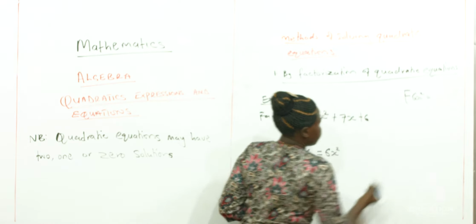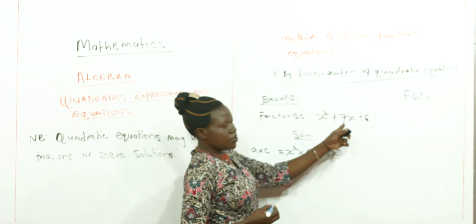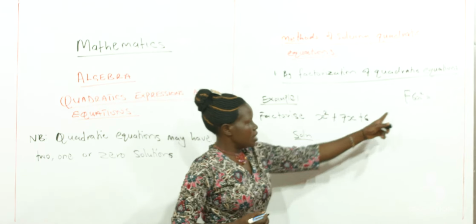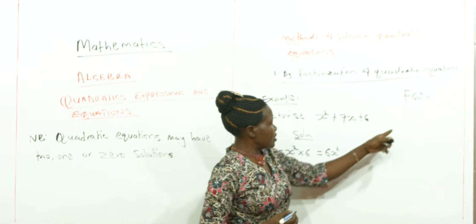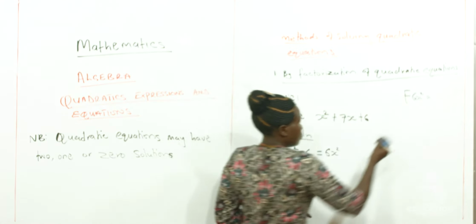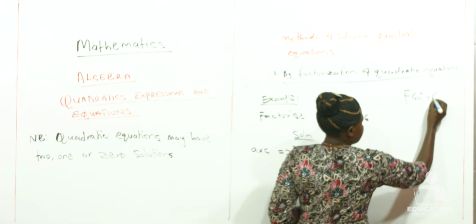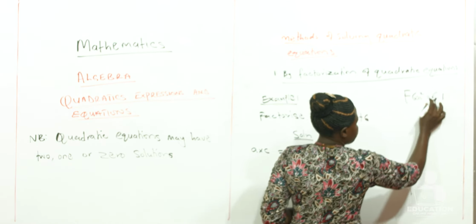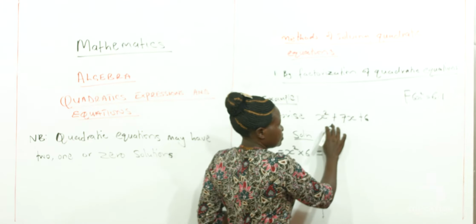The factors must, when you multiply them, give the product of the first term and third term, and when you add them, they must give you the second term. So we find 6 and 1. When I multiply this, I will get 6, and when I add it, I will get positive 7.